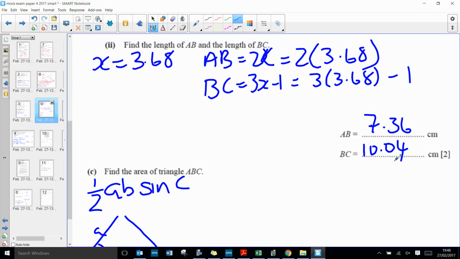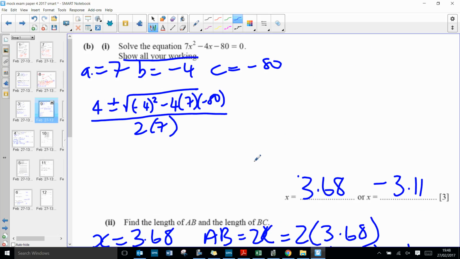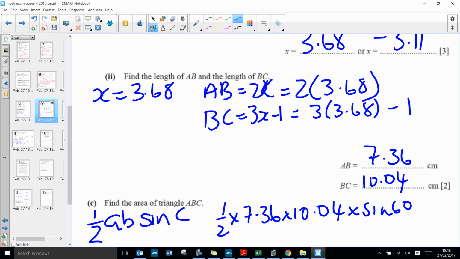And so, looking back at our triangle, we know this angle is 60. So it's 1/2 times 7.36 times 10.04 times sine 60. And you just chuck that in your calc.